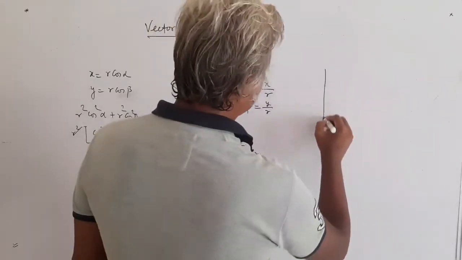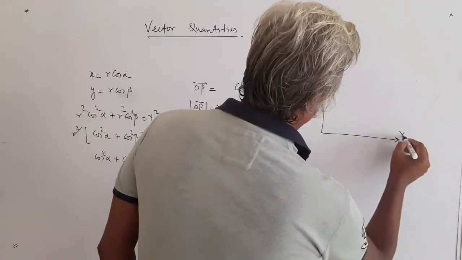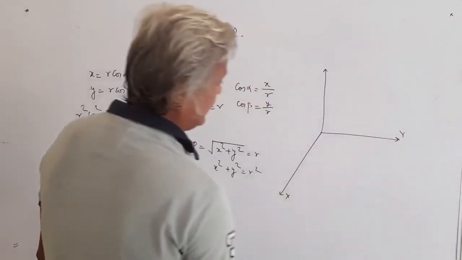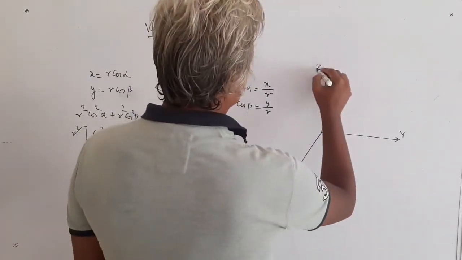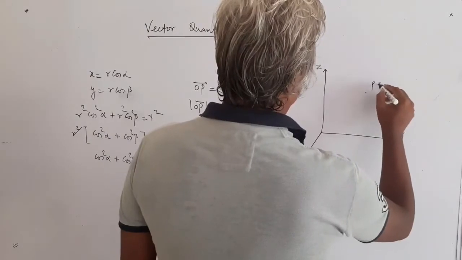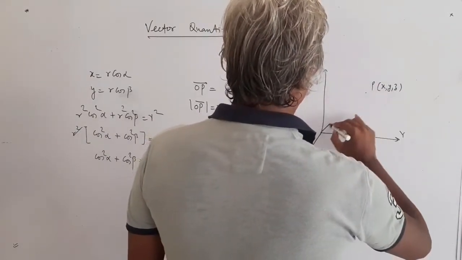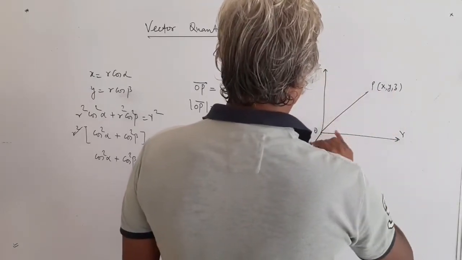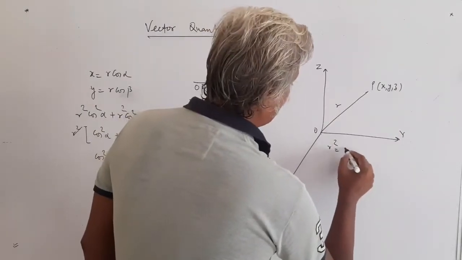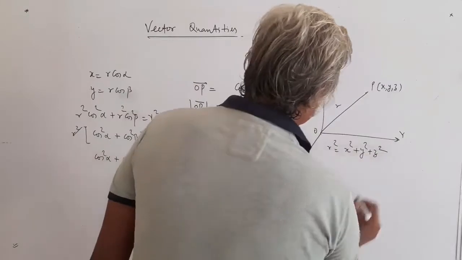It looks like this is my x, y-axis, and this is the z-axis, and the point here will be given by the coordinates x, y, z. If I join like this OP, then I find r, so r square now becomes x square plus y square plus z square.